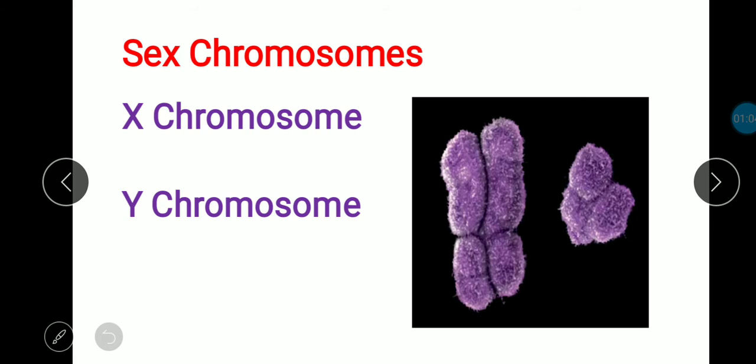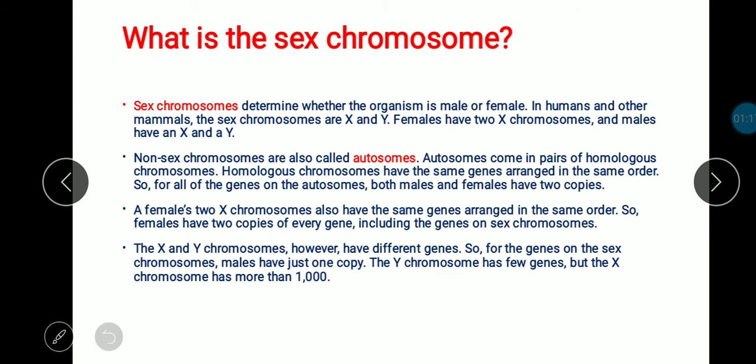These are different in their functions as well as dimensions from the remaining chromosomes, that is autosomes. These sex chromosomes determine whether the organism is male or female.